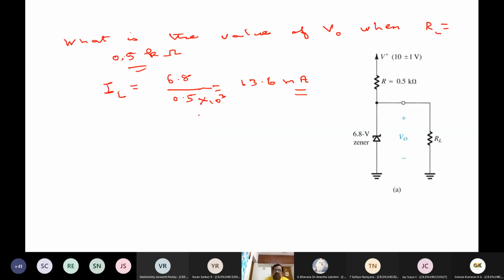Now think about this IL. If you remember in the morning, the maximum current that could go through this series resistor when there was no load was only 6.4 milliampere, because this is 6.8. Think about this.